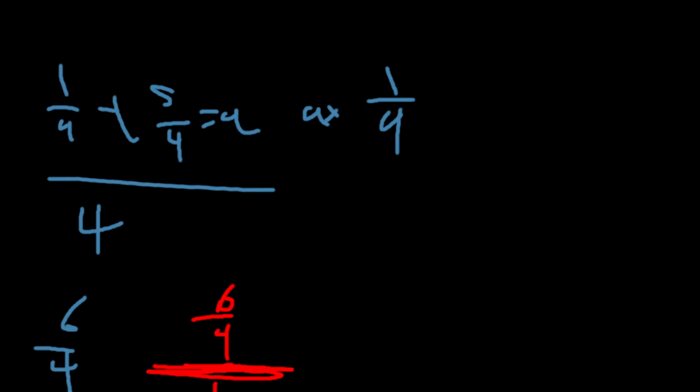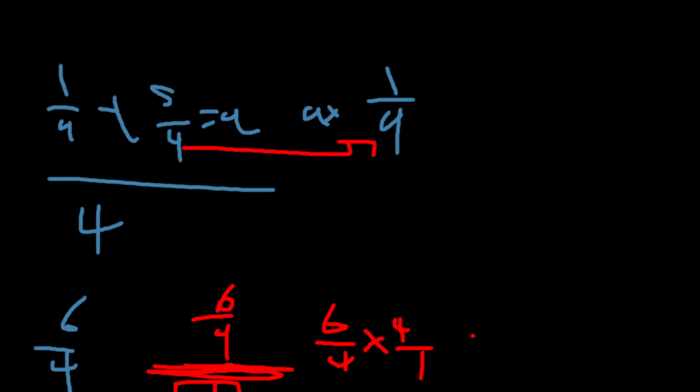If you thought about this, then it'd be 6 over 4 times 4 over 1, because this fraction has to be a reciprocal to be multiplication. Just like how this has to be reciprocal for multiplication. So 6 and 4, well, actually you just cancel this out, now it's 6.